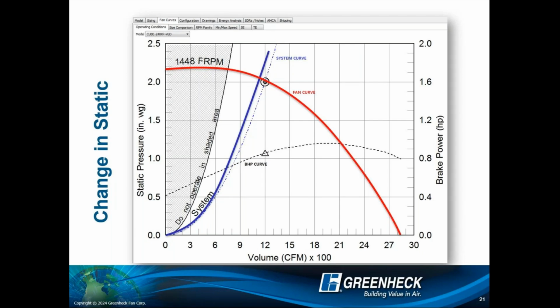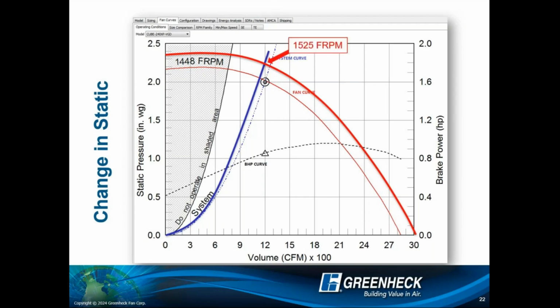I paid for 1200. To get back to what I asked for, I need to speed this fan up. Harking back to those fan laws, this all follows along. When I speed that up and get my intersection back at 1200, now this fan is moving 1525 fan RPM.